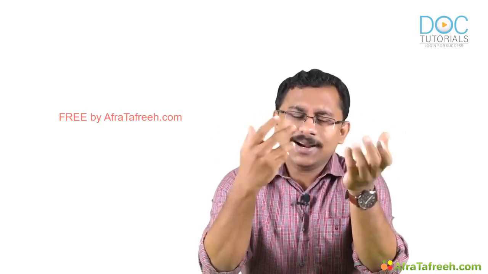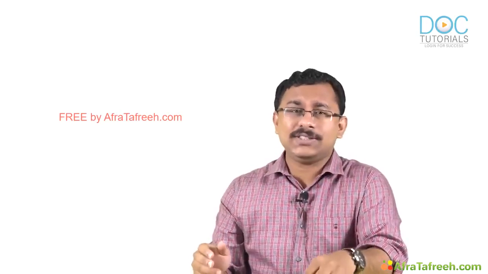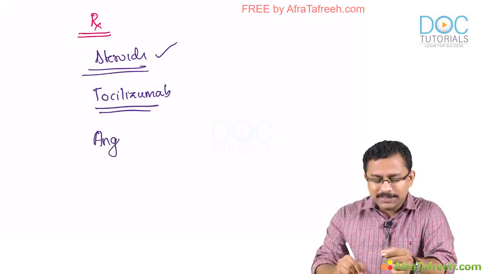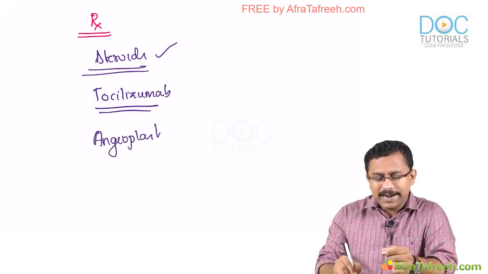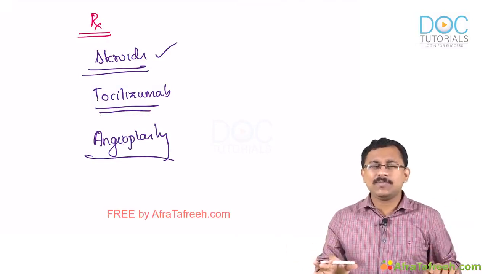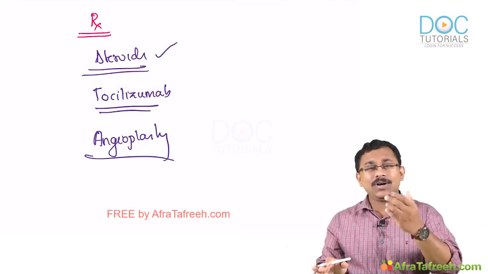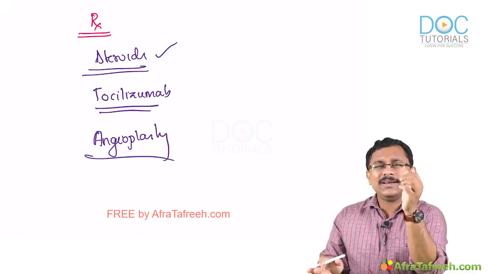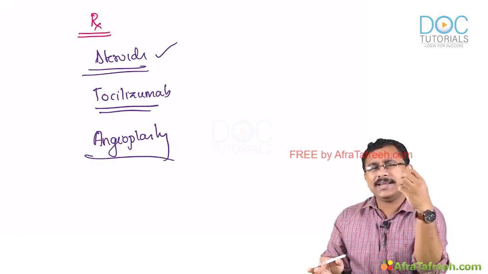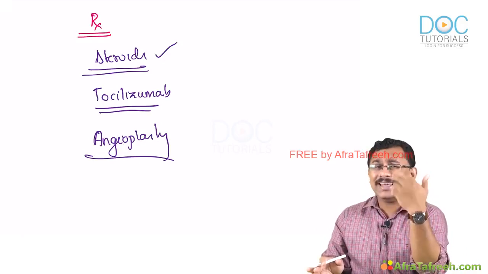If it was a single vessel involvement, you could go for an angioplasty. So that is another treatment option, but she had multiple large vessel stenoses, which made things all the more difficult. So I just wanted to convey a message to you that Takayasu arteritis is not a good disease to have, and the treatment response is not that great.